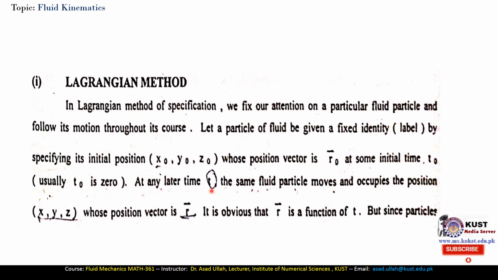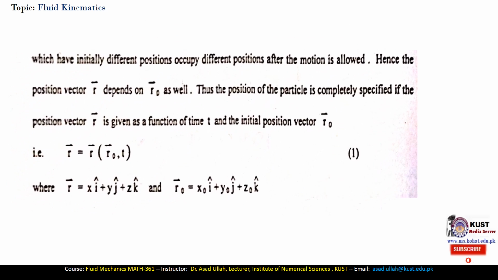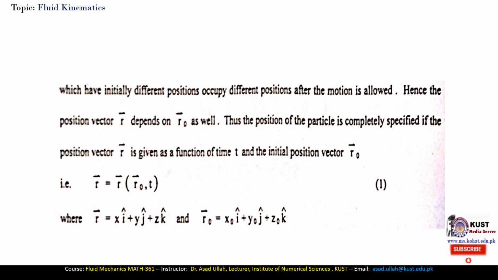At any later time t, the same fluid particle moves and occupies the position, say x, y, z, whose position vector is r. It is clear that r is a function of time t, but since particles which have initially different positions occupy different positions after the motion is allowed, the position vector r depends on r naught as well.